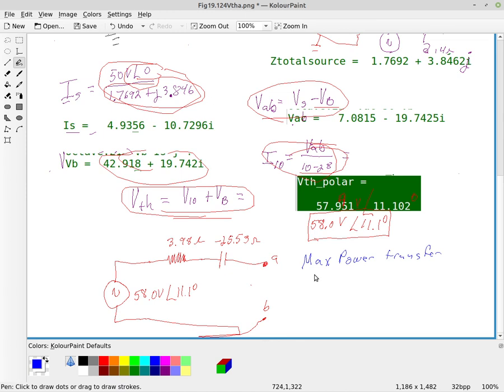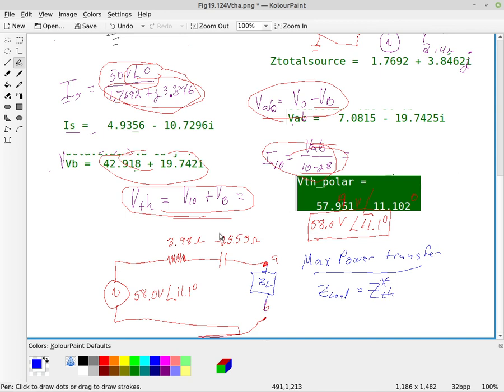Maximum power transfer occurs when the load impedance, so if we just called this Z load here, when the load impedance is equal to the complex conjugate, so this star means complex conjugate of Z Thevenin.